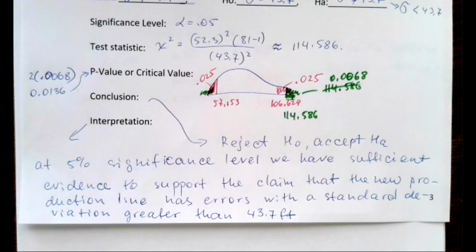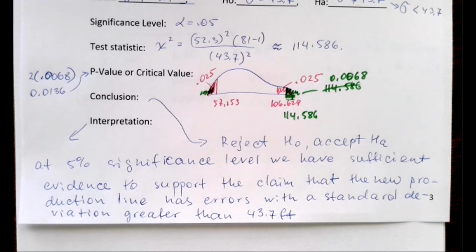At 5% significance level, we have sufficient evidence to support the claim that the new production line has errors with a standard deviation, and not just not equal to, but we can also say that it's greater than 43.7 feet. So the standard deviation is greater than 43.7 feet.